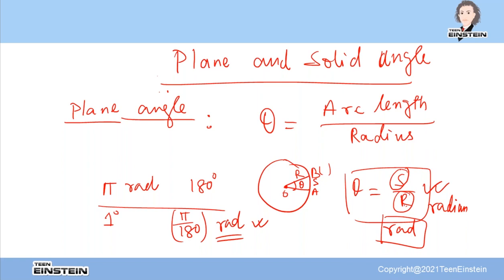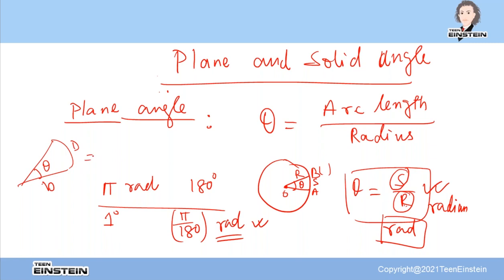So when you have a circle and 2 points A and B are making an angle at the center O, so that angle is theta, that can be denoted by the arc length in between these 2 points A and B, that is S divided by R. R is the radial distance from that arc. Sometimes it will be given like this, sometimes like this.